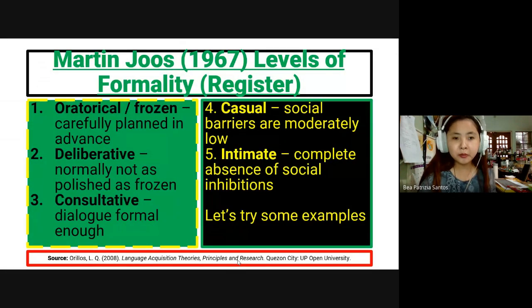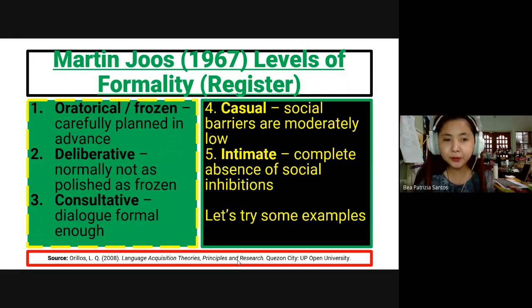Aside from the doctor-patient conversation, we have social worker and crime victim. They are consulting with one another on how they can work through the case or how to improve the state of being of the victim.